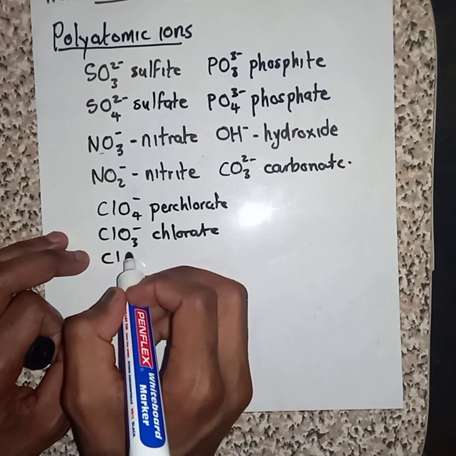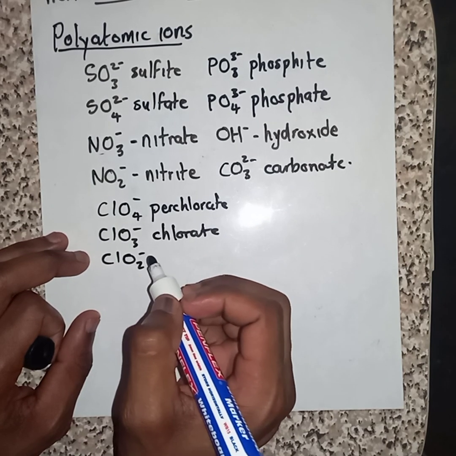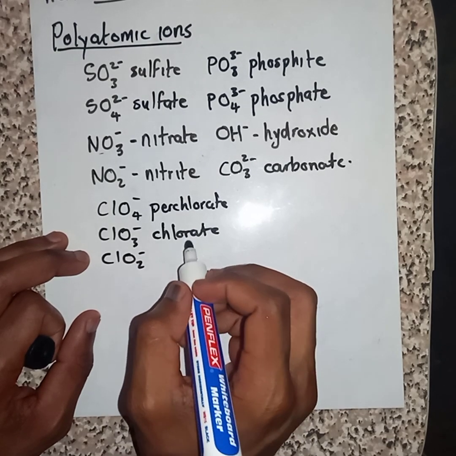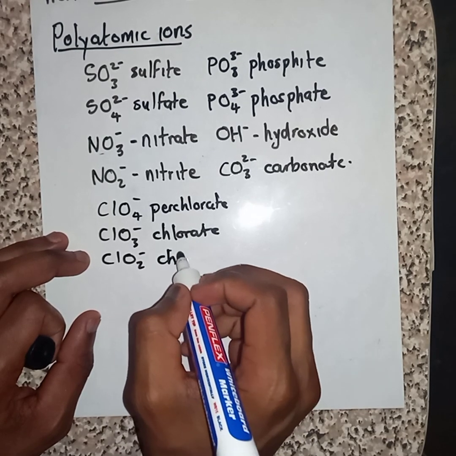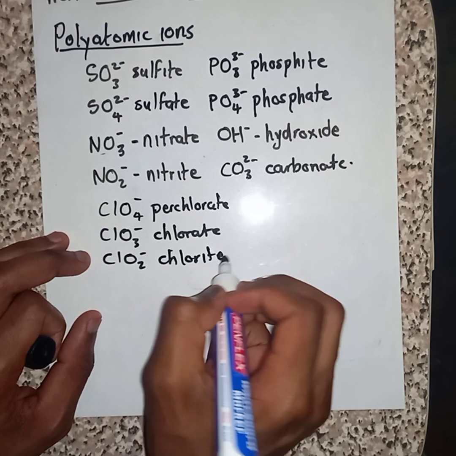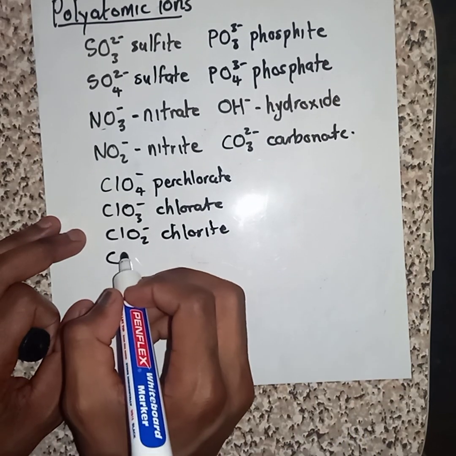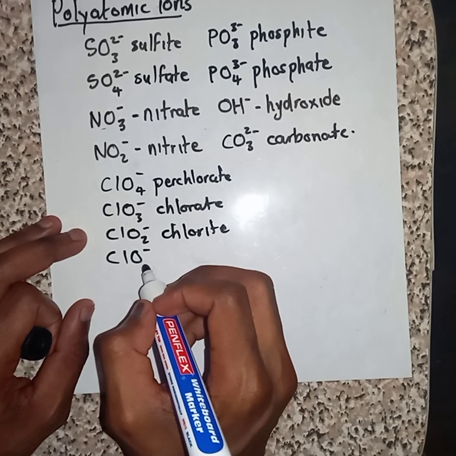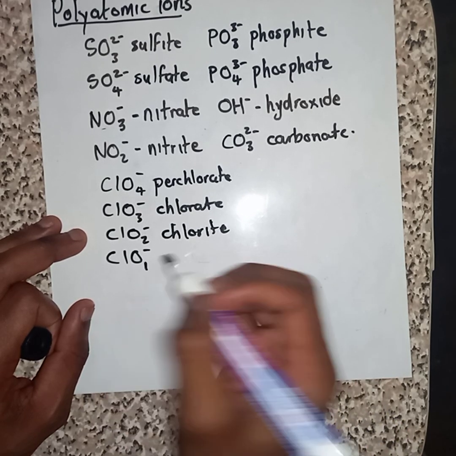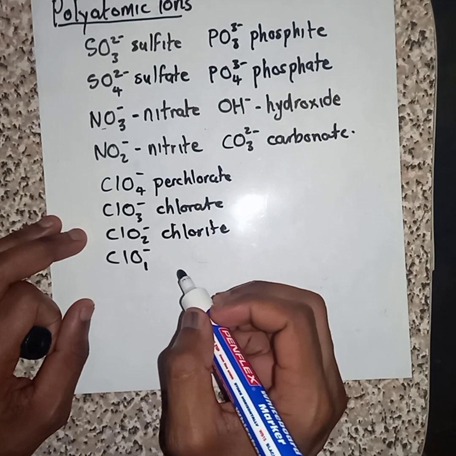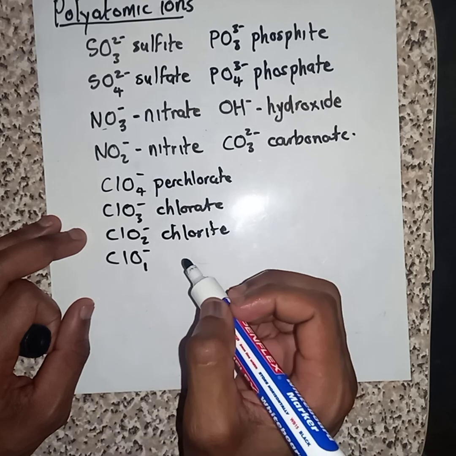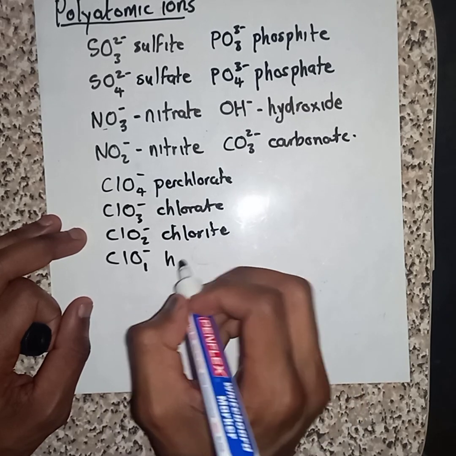Then we also have this one, ClO2-. We call it chlorite with an I. Lastly, we have this one with just one oxygen, to make it look different from the other ones. We call this one hypochlorite.